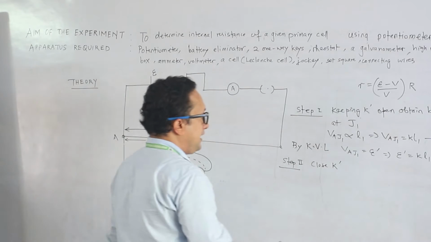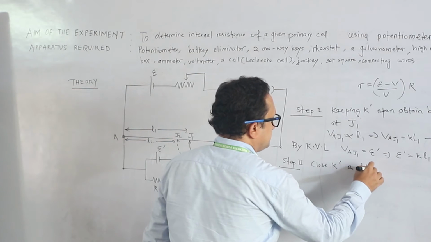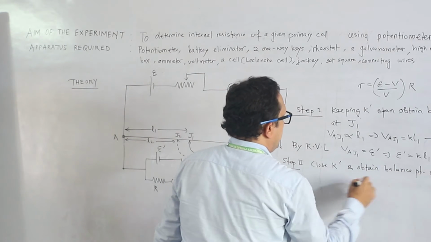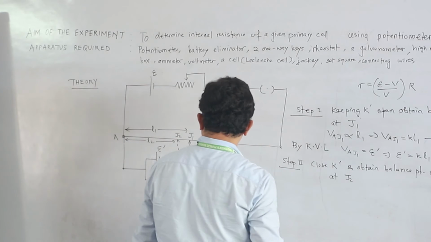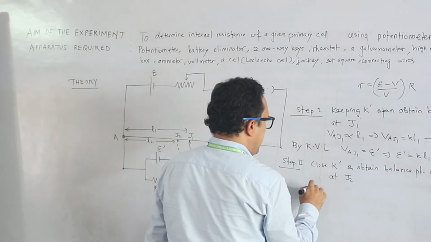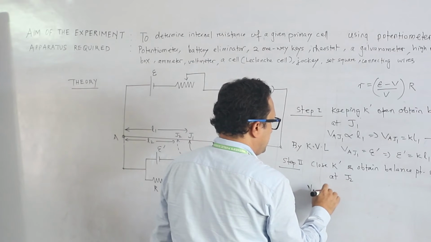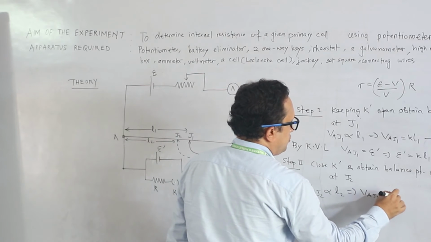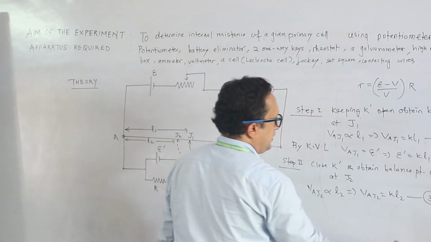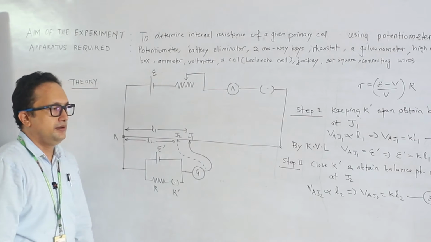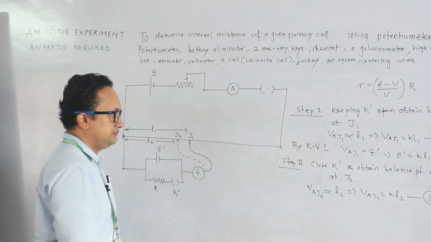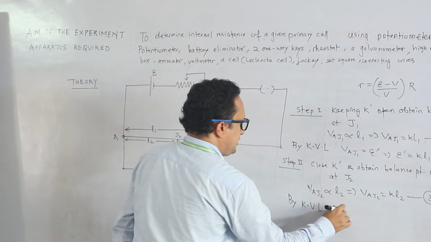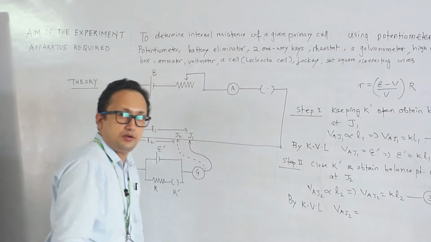So close K prime and obtain the balance point, say at J2. Then by the principle of the potentiometer, V AJ2 is proportional to L2, or V AJ2 is equal to K into L2. Let this be equation 3. Now we know by KVL, V AJ2 should be equal to what?